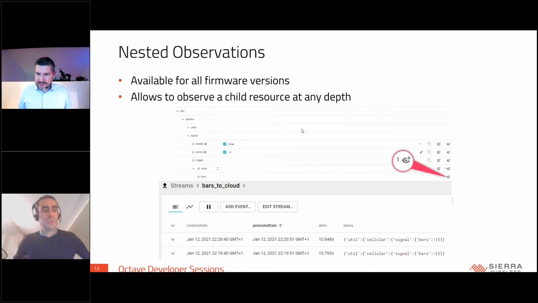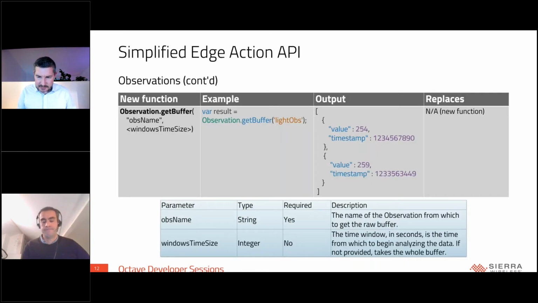I would like to show you nested observations. Excuse me, a question arrived on the previous feature. A quick question from Jan: can we clean the buffer after this call? I don't think so.